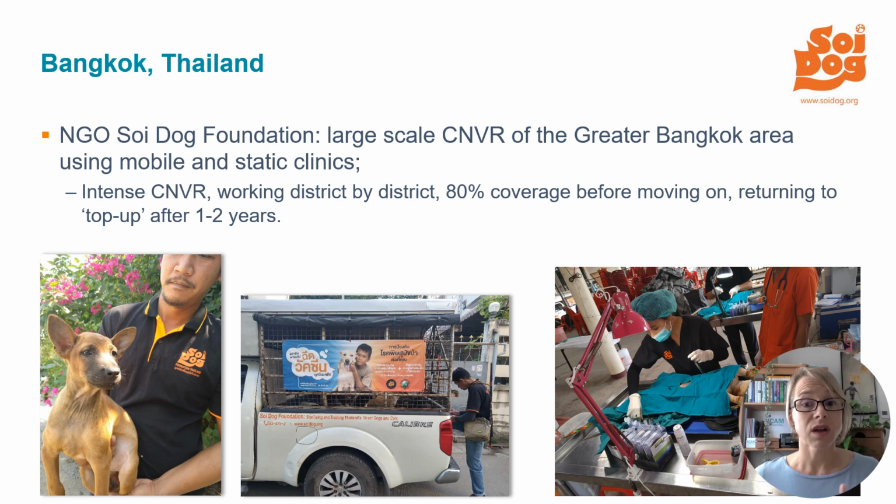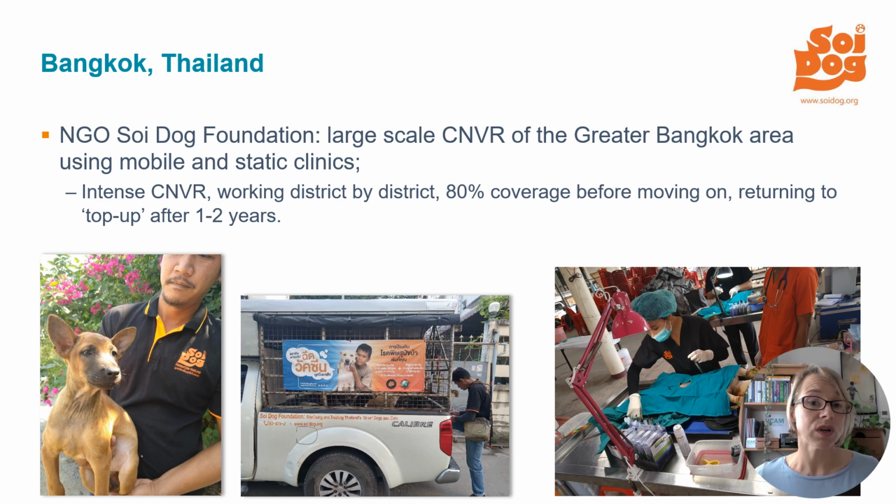I also wanted to highlight their systematic approach to coverage. They conduct CNVR on all the roaming dogs they can access within the district, ensuring they've exceeded 80% coverage before moving on to the next district, and then returning to the same area on a 1 to 2 year cycle to top the coverage back up above 80%, each time requiring fewer sterilisations to reach that 80%.